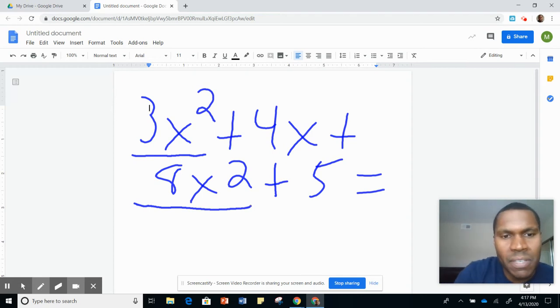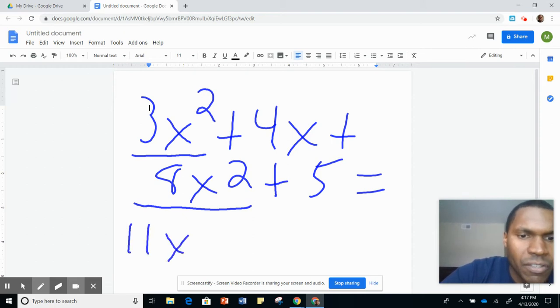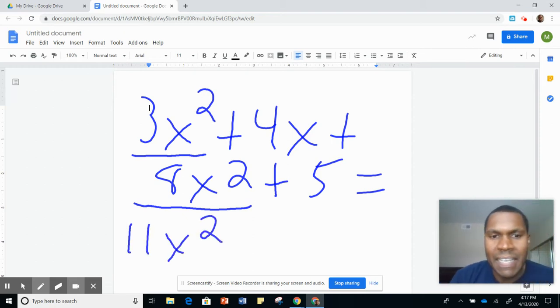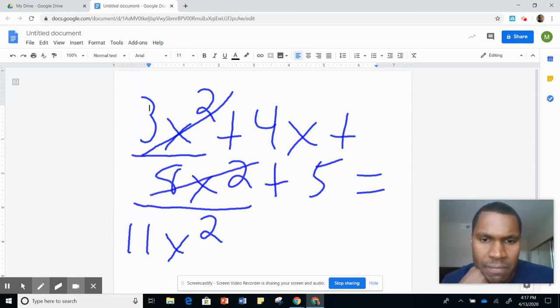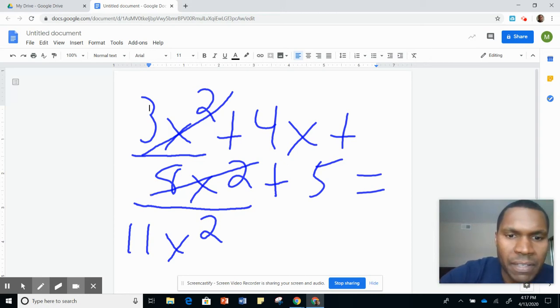So we take the 3 plus the 8, that gives us 11x squared. So you keep the ending variable term there. And we can go ahead and cross it out. Now we look at the 4x. If there's no other 4x in the problem, you simply bring it down.